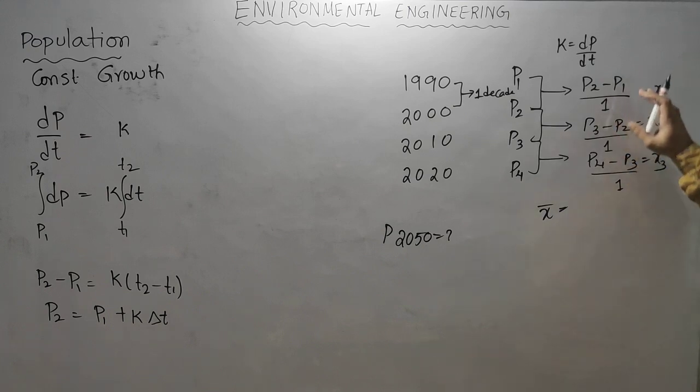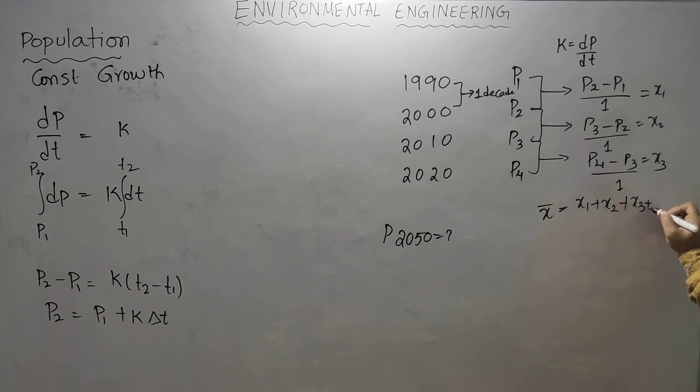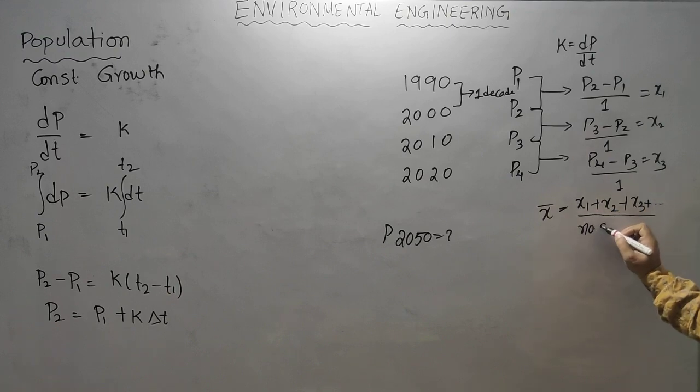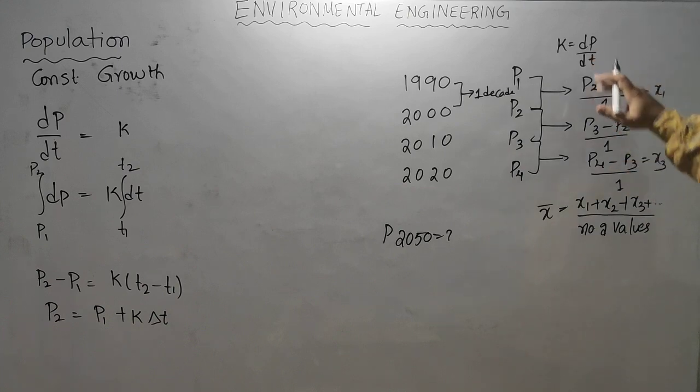I will take the average of all the readings which I got, and so on by the number of readings. So x bar is nothing but the sum of the values divided by the number of values. X bar is nothing but average of k. So this is k1, k2, k3, or x1, x2, x3.